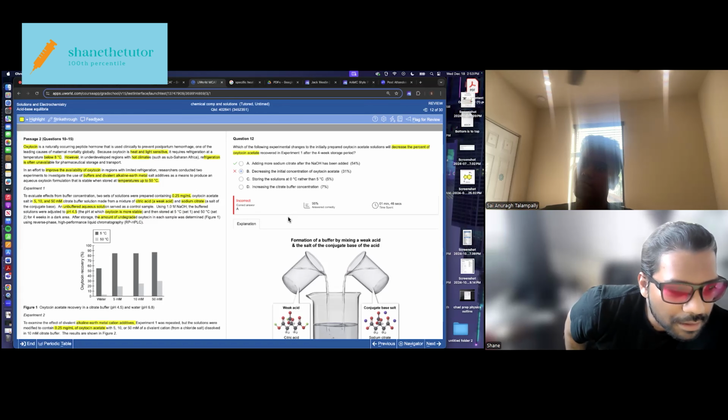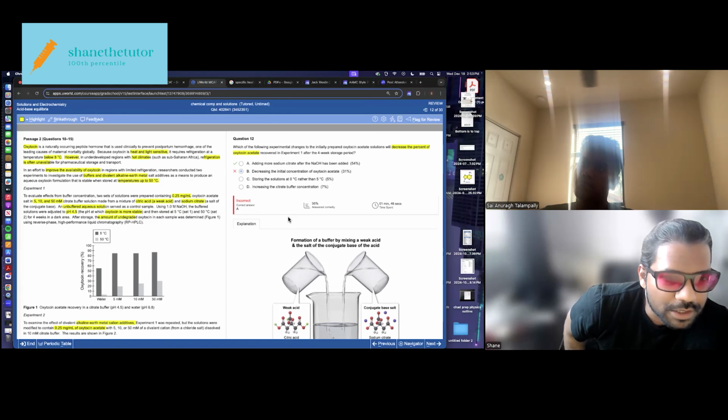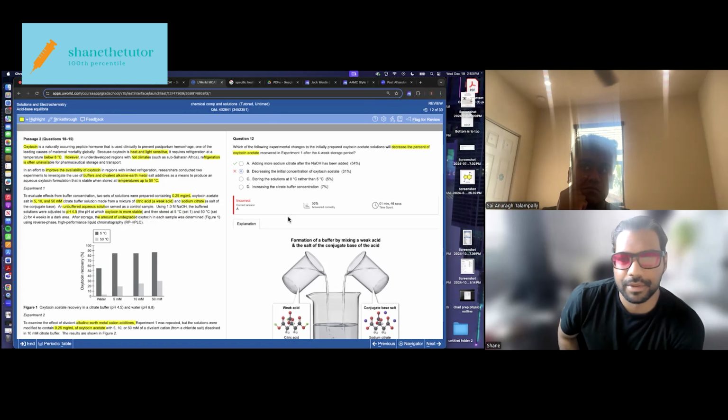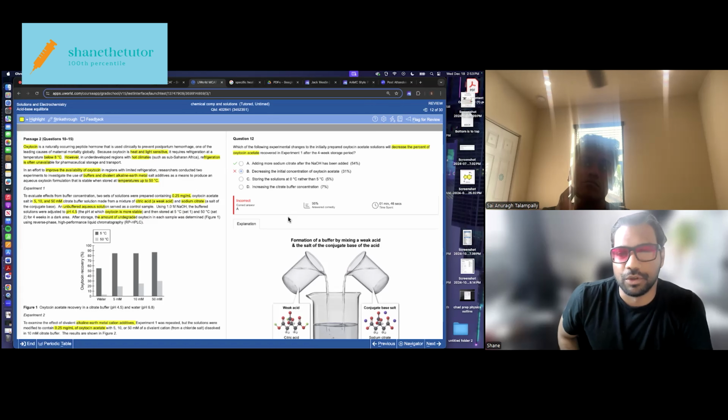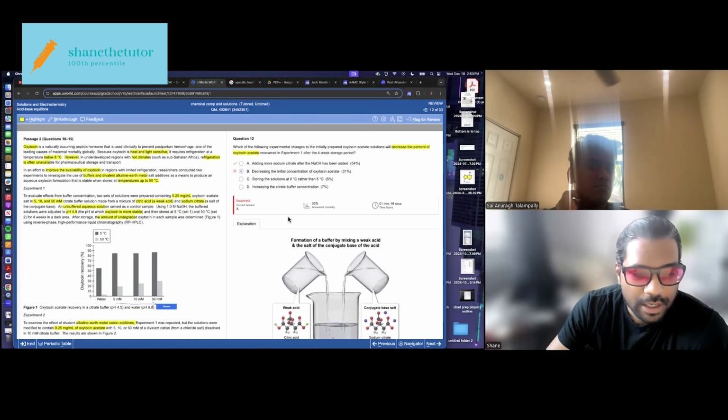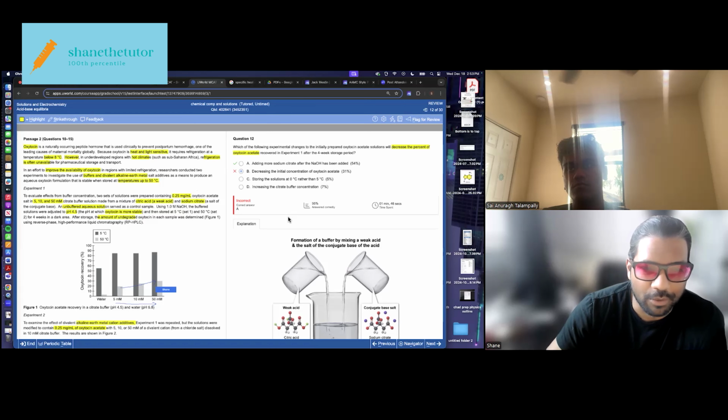The citrate is the buffer, right? If you increase the buffer concentration going this way, we have an increase in the amount recovered, right?